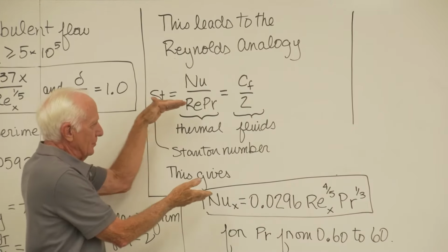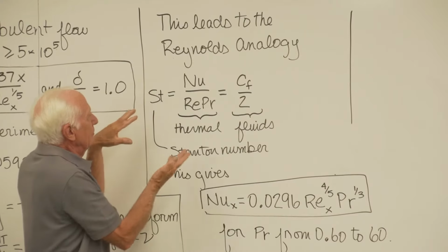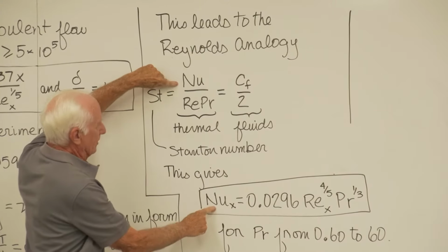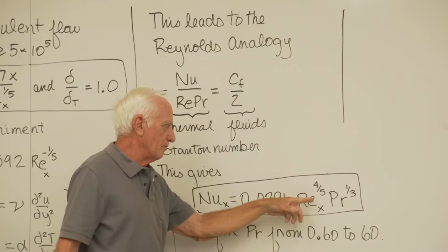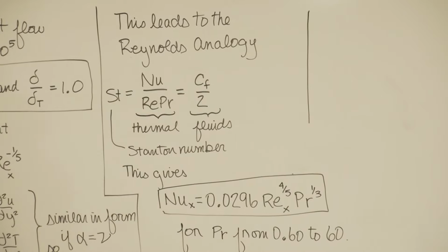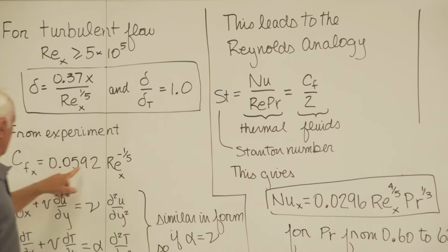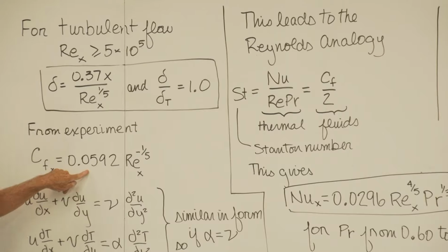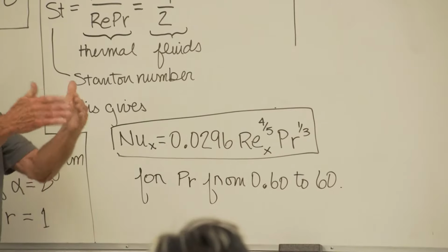If you go through that on that page I mentioned, you end up with the Nusselt number is this, 0.0296 Reynolds to the 4/5 Prandtl to the 1/3. See, C_f over 2. What's 0.0592 divided by 2? 0.0296. So you can walk your way through it that way.